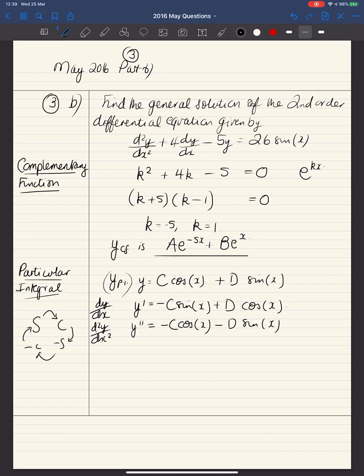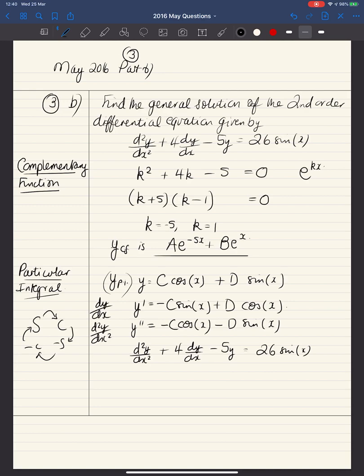Let's see, I'll try and do it in a little table to keep it neater. d2y by dx squared plus 4 dy by dx minus 5y equals 26 sine x.